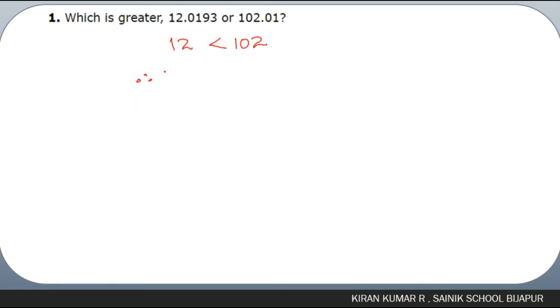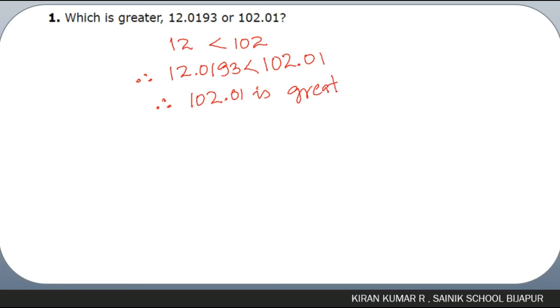That is the reason why 12.0193 is smaller compared to 102.01. Therefore, 102.01 is greater.